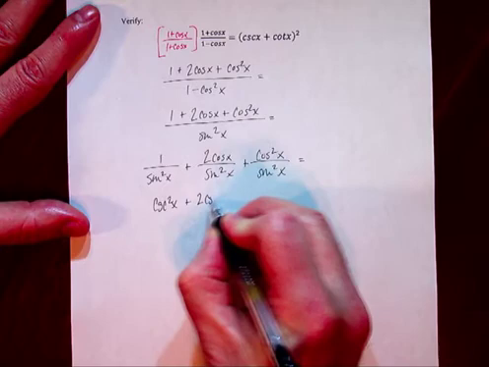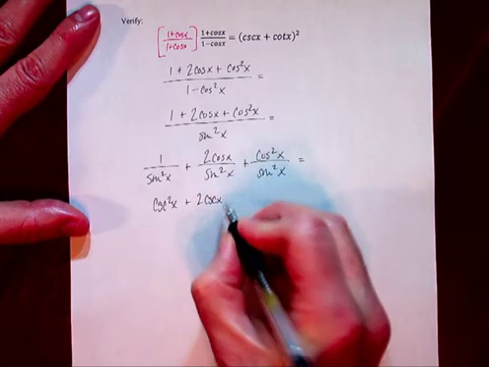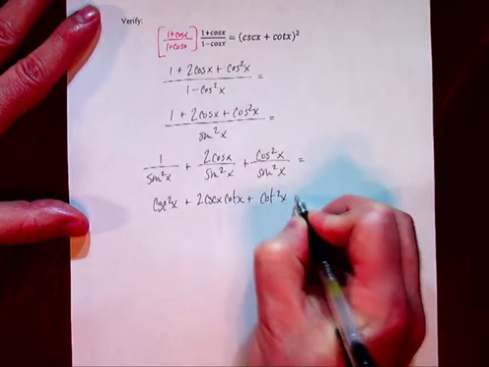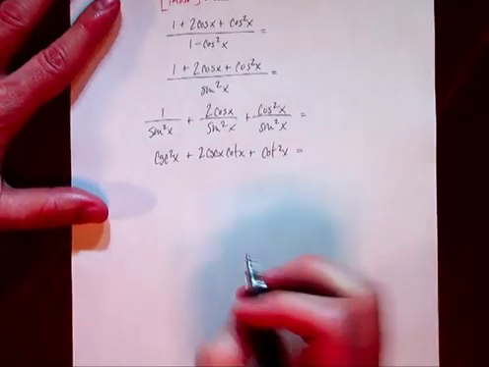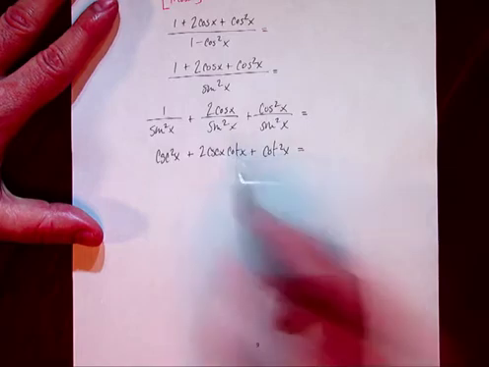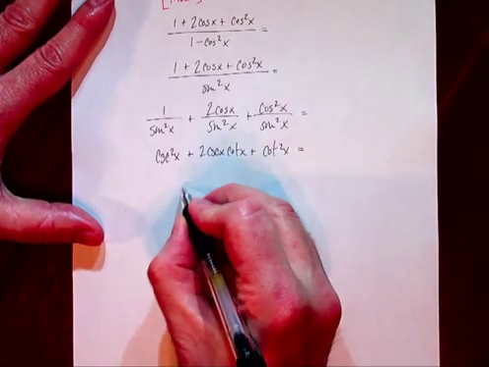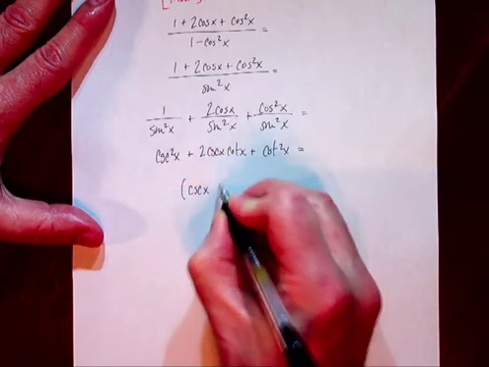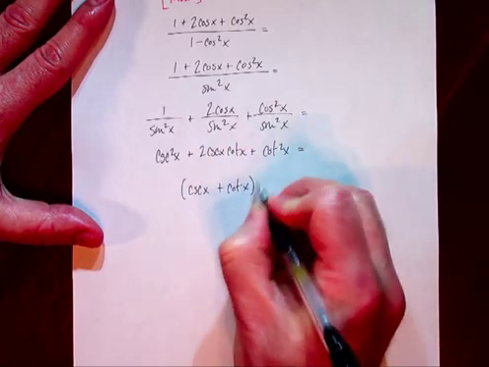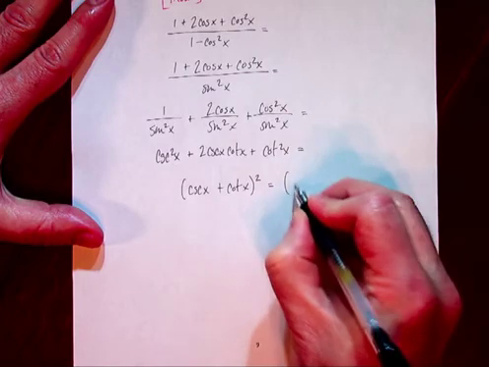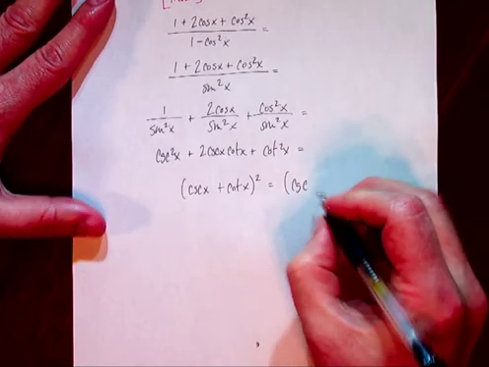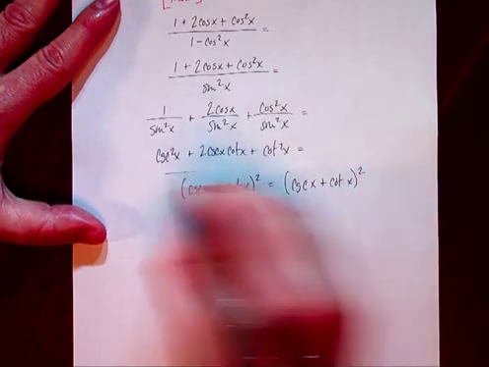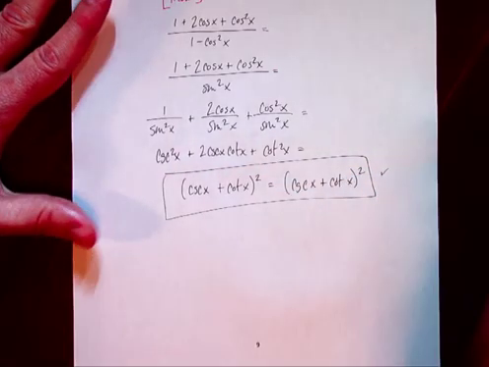The other sine is going to become cosecant, and I get that basic expression in terms of a quadratic structure, and because it has a quadratic structure, it can factor like that. And there is my verification.